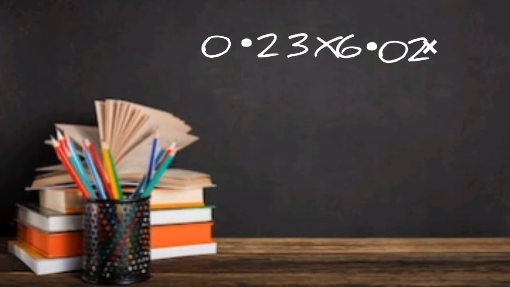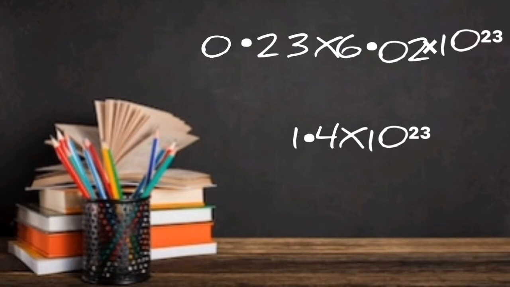So to find the number of particles, we are going to say 0.23 times 6.02 times 10 raised to the power 23, which is going to give us 1.4 times 10 raised to the power 23 particles. So that's all about the mole.